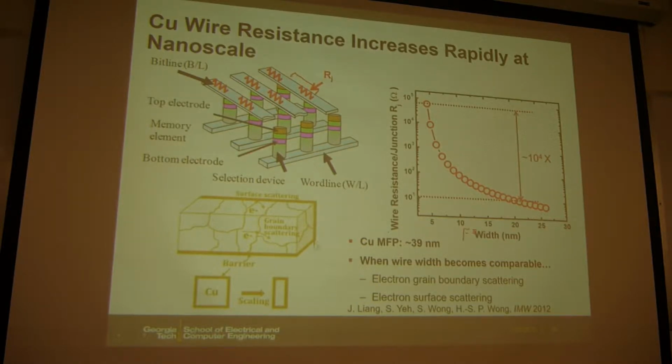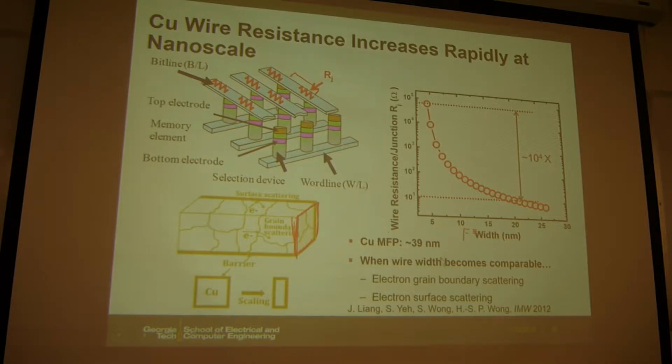As you scale the size of the wire, the surface to volume ratio will increase. That means the electrons will see more surfaces as you scale down, so the resistivity will go up, and as a result the junction wire resistance will go up.